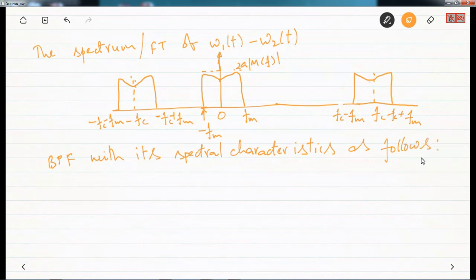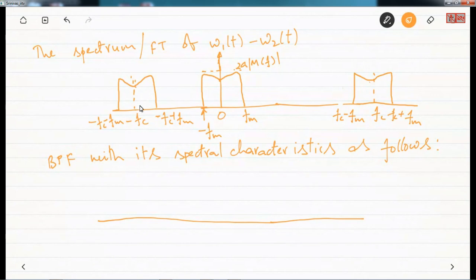Can you draw it for yourself? I have this signal as the input signal to a band pass filter, and I want the band pass filter to pass only these frequencies, but I want it to block this.